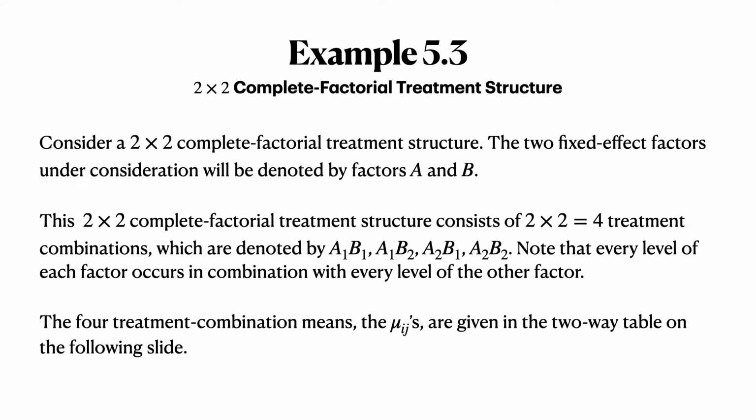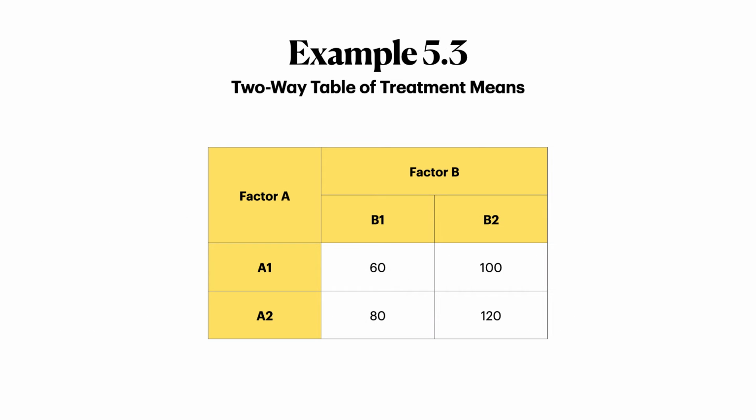The 4 treatment combination means, the μij's, are given in the two-way table on the following slide. And so here we have the two-way table, and we see that the mean of the treatment combination A1B1, which is denoted by μ11, is equal to 60.